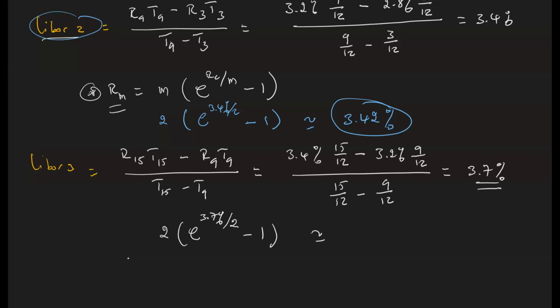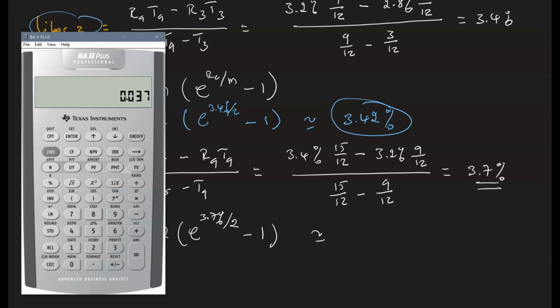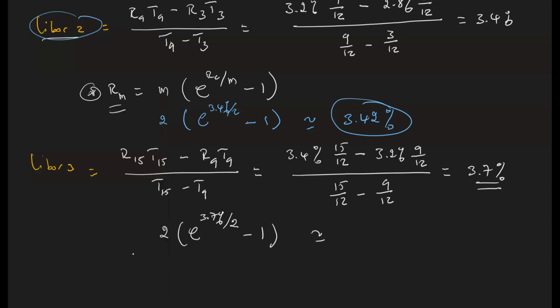We have 3.7%. We're going to divide that by 2 equal. Take the exponential of that, second function exponential. And then we're going to do minus 1 equal. That's going to give us that. And we're going to multiply our answer by 2. So we have about 3.73%.